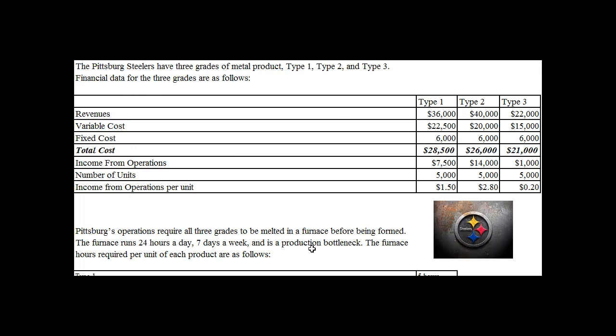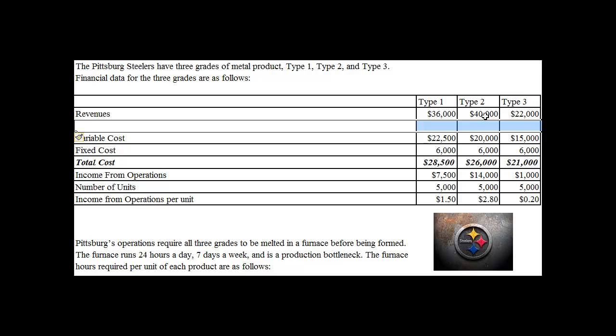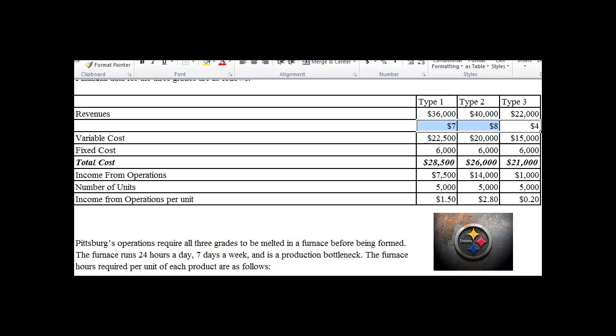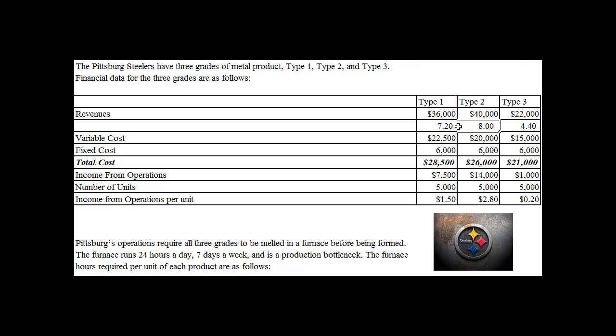I know my total revenues are listed here, so if I take this 36,000 and divide it by the total number of units, which is 5,000, I know each one sells for $7, and I can take that same formula and use it across all three types of steel. Let me make sure there are no decimal points hiding here, and there are. So here are my revenues per unit for each of the types of steel.